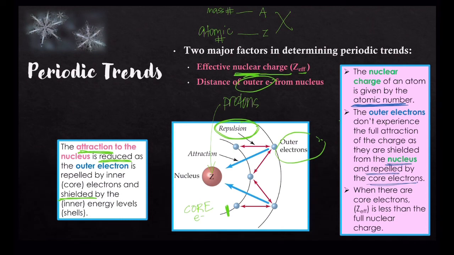So when there are core electrons present, the effective nuclear charge, ZEFF, is less than the full nuclear charge. So these are the two major factors in determining periodic trends. Moving forward in the videos ahead, we're going to explore each of the periodic trends individually.